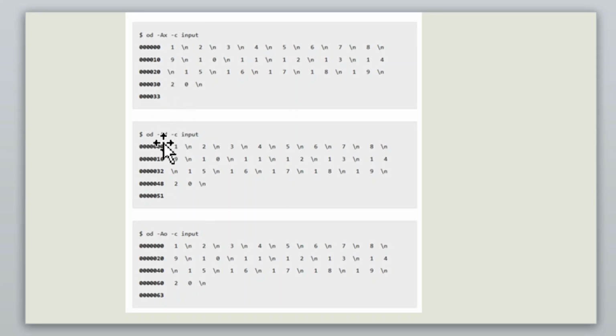So ax is for hexadecimal format. And then we have our third format here.